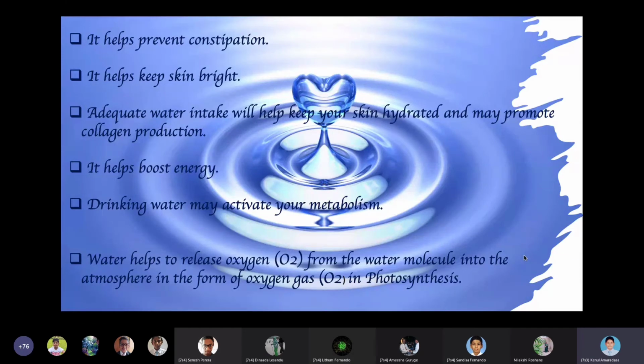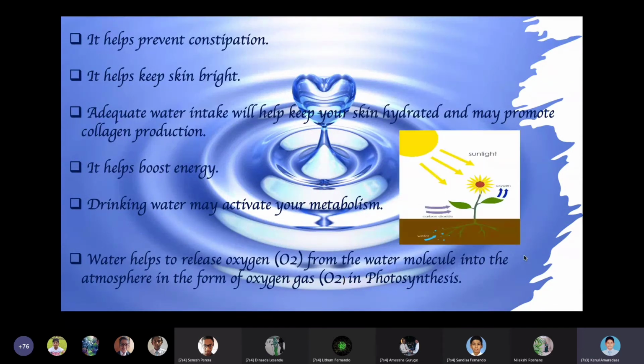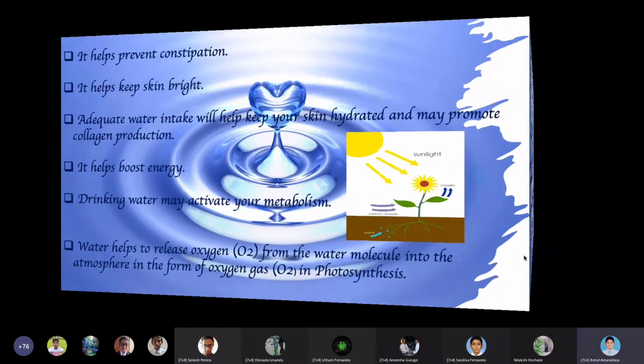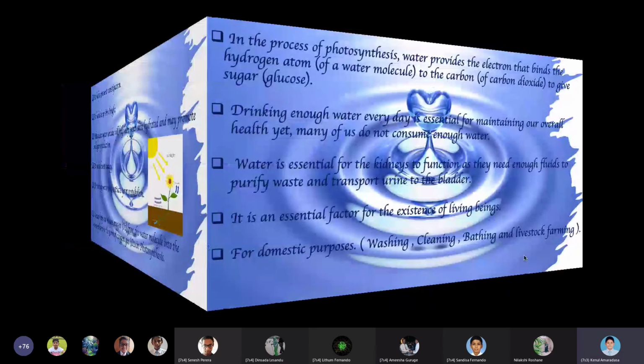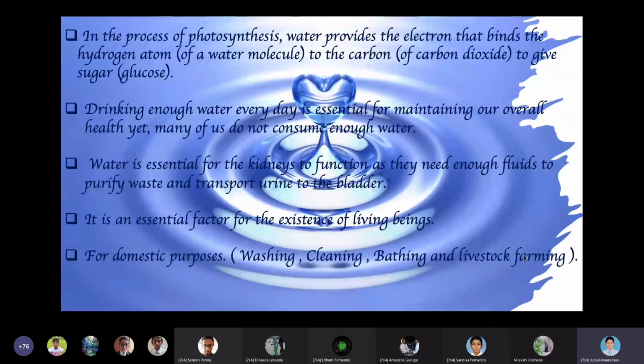Water helps to release oxygen from water molecules into the atmosphere in photosynthesis. In the process of photosynthesis, water provides the electron that binds the hydrogen atom to the carbon to give sugar.